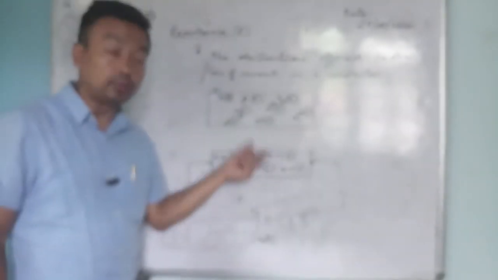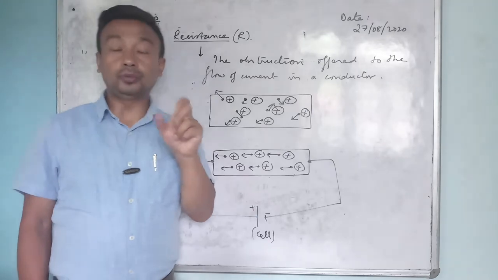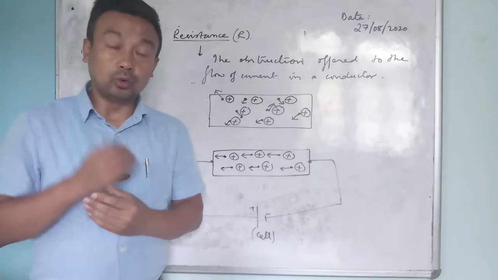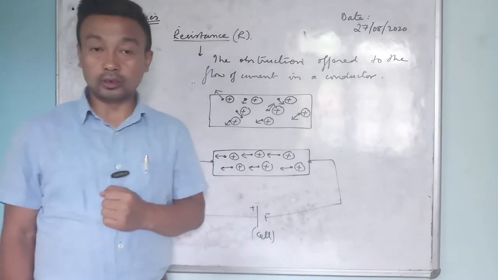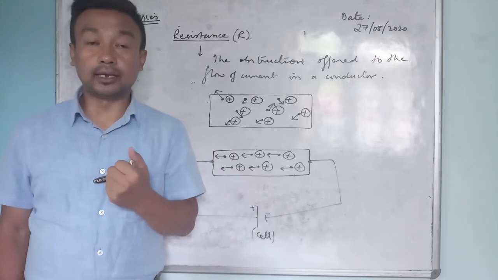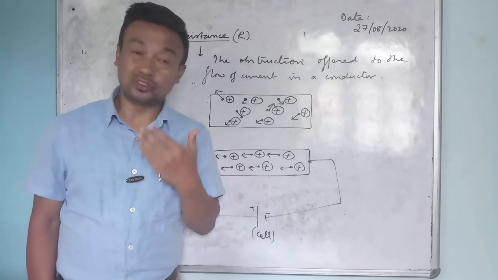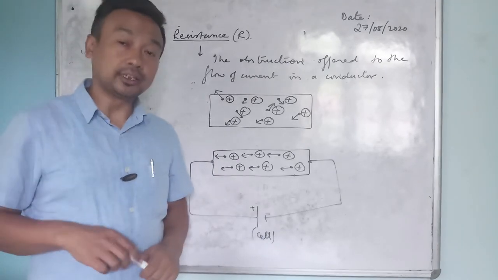From there we come to another important law, that is called Ohm's law. This Ohm's law was discovered by a scientist, I think a French scientist. The name of the scientist is Simon Ohm. That we are going to study in detail in the next class.